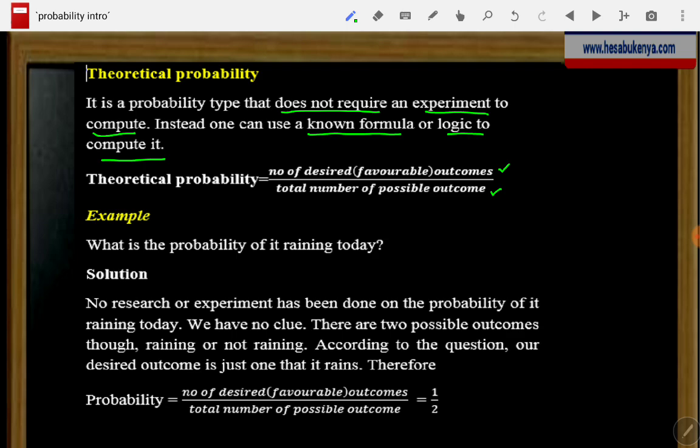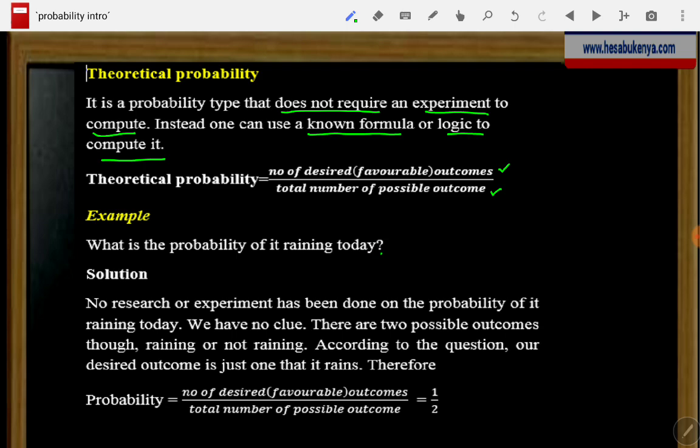A very practical example of theoretical probability. What is the probability of it raining today? Now, solution. No research or experiment has been done on the probability of it raining today. We have no clue, but there are only 2 possible outcomes, raining or not raining.